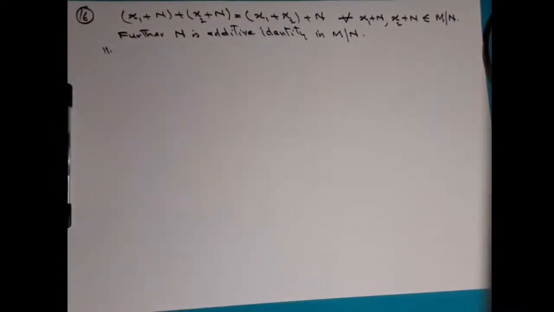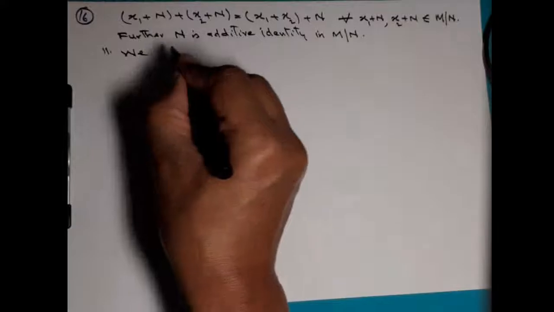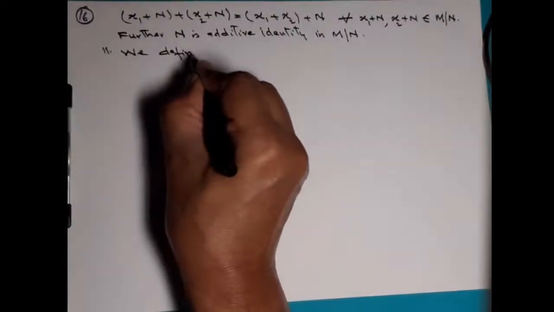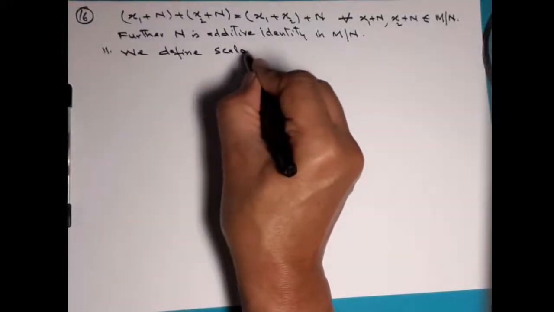Now we come to scalar multiplication. So we have to define scalar multiplication, or external law of composition. We define scalar multiplication as follows.